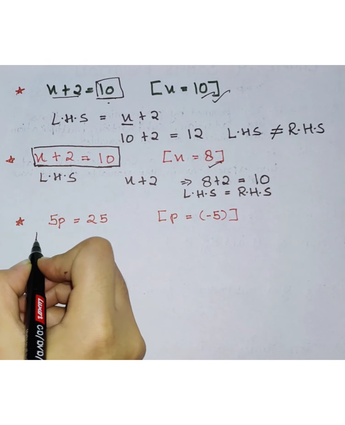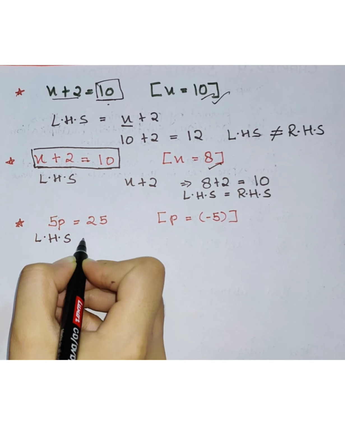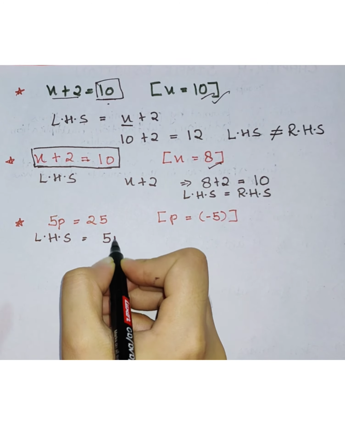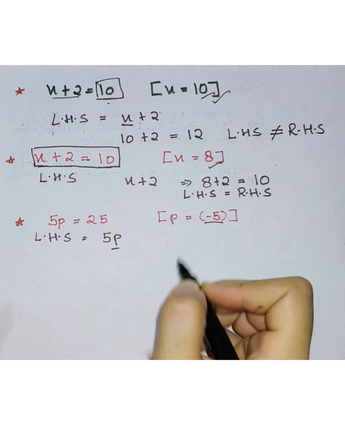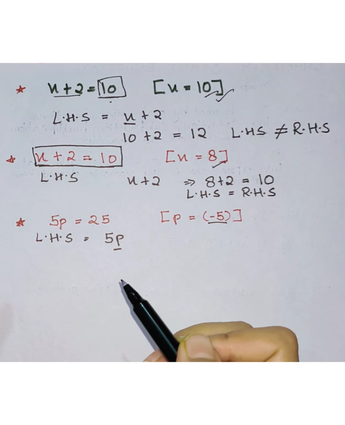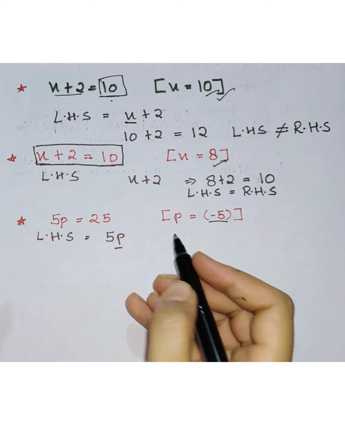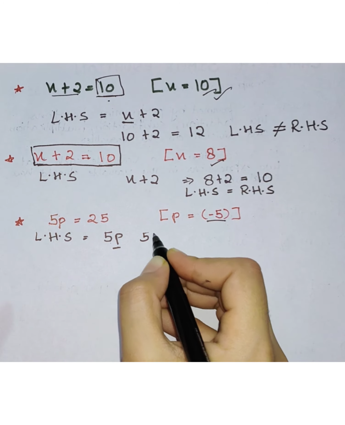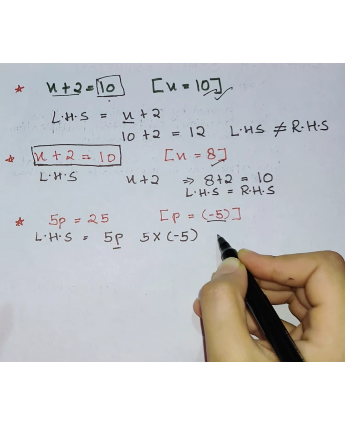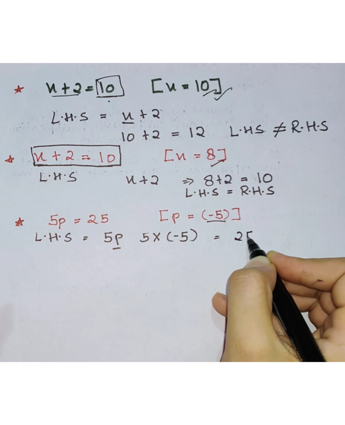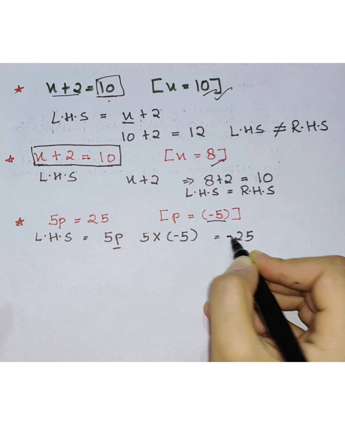First we'll take the left hand side, which is 5p, and the value of p is given as minus 5. So here 5 and p are in multiplication. So 5 into minus 5.